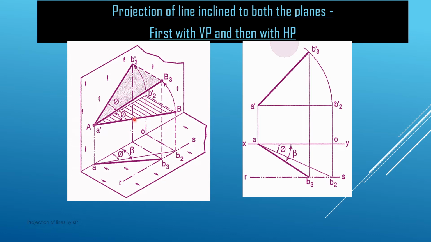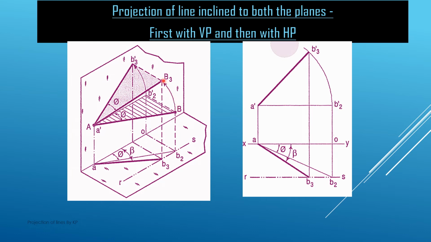Now, as given in the problem, this line is making an angle theta with the horizontal plane. So we rotate this line AB about this point A, and this B point rotates by an angle of theta and reaches the new position B3. This AB and AB3 line are inclined at the same angle phi from the vertical plane, so in the same plane this line rotates and reaches the new position B3.